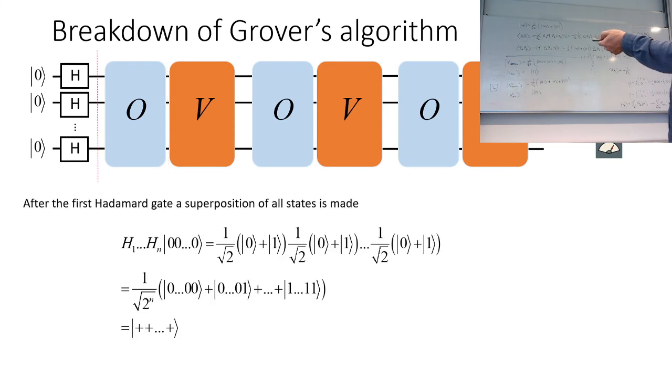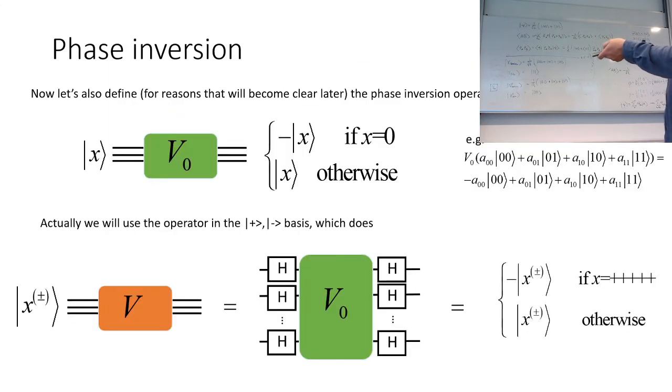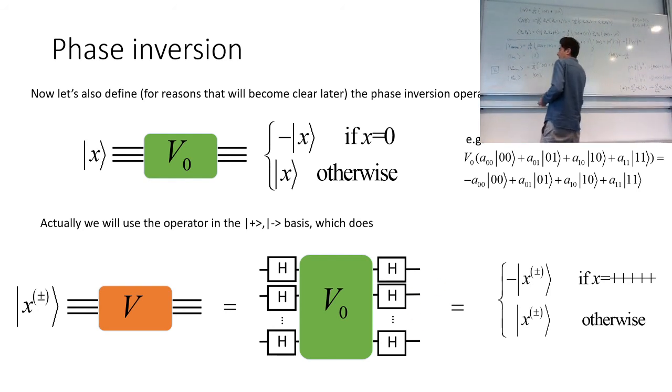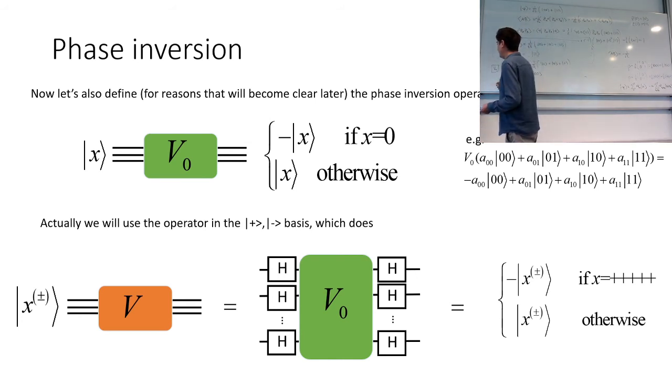But actually what you do is not V0 itself, but V, which is the thing which is surrounded by Hadamard gates everywhere. Sorry, my board is pretty messy today.